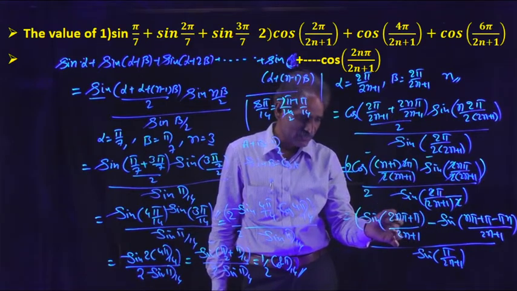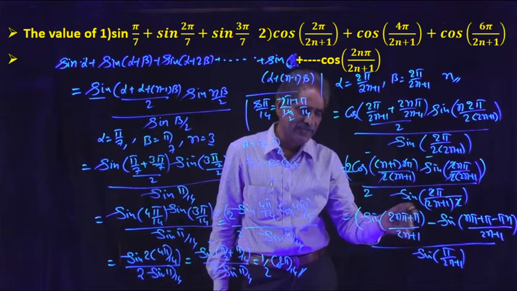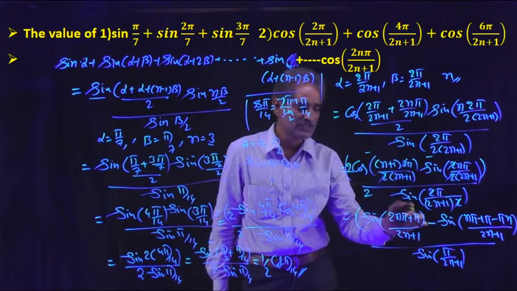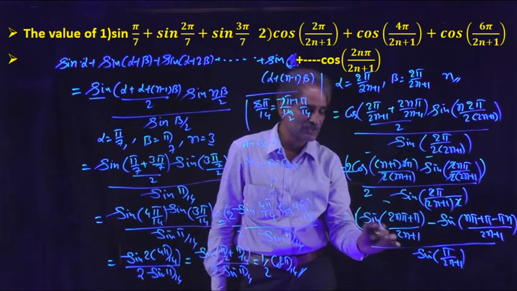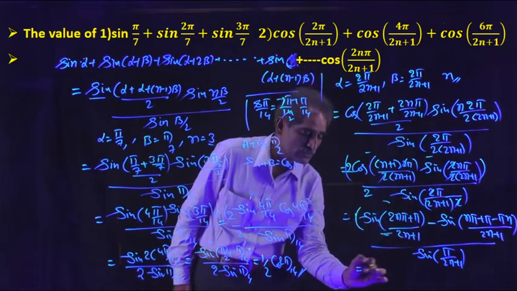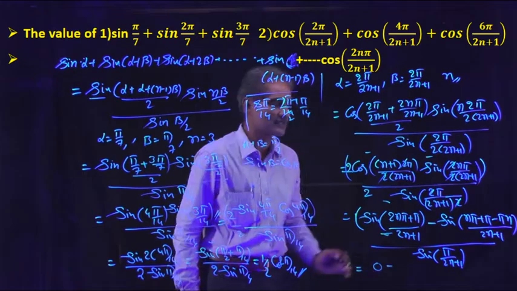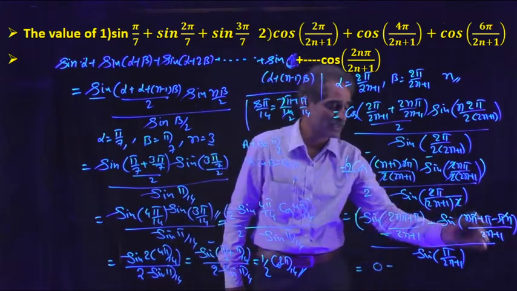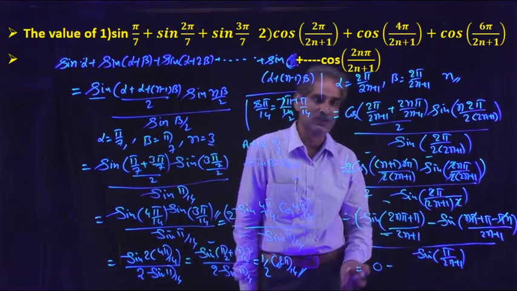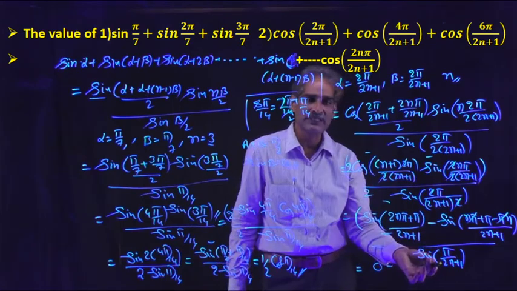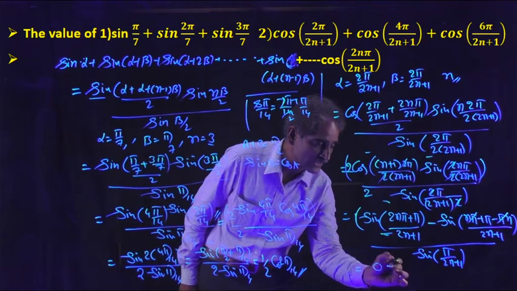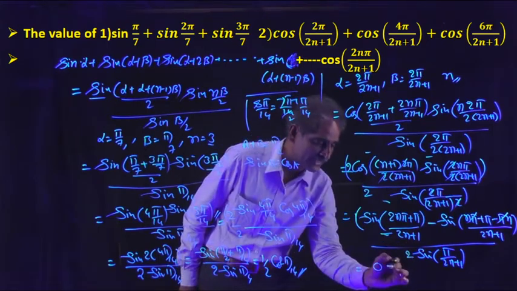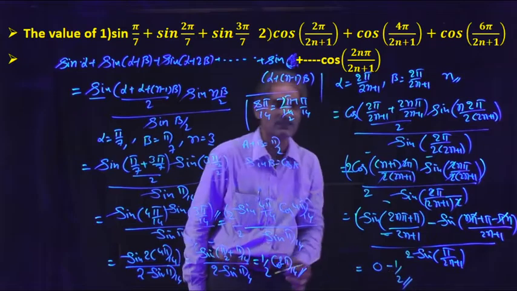Here sin of (2n plus 1) into pi, the (2n plus 1) gets cancelled. This is simply sin pi, and the value of this is 0. It is equal to 0 minus, here n pi gets cancelled, sin of pi by (2n plus 1) by sin of pi by (2n plus 1). These 2 terms will get cancelled. So in the denominator 2 is also there, so minus 1 by 2 is the answer.